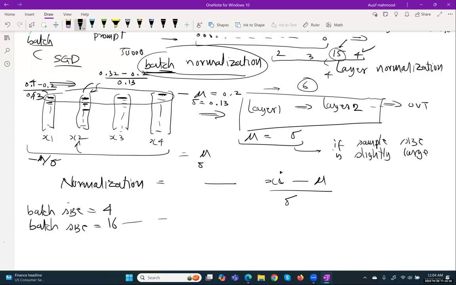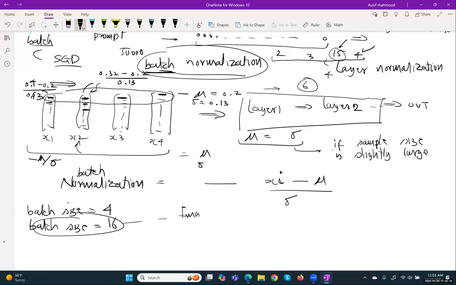So batch normalization will stabilize the data, will result in a better, stable model, which will perform better on unknown data, provided you use a bigger batch size.